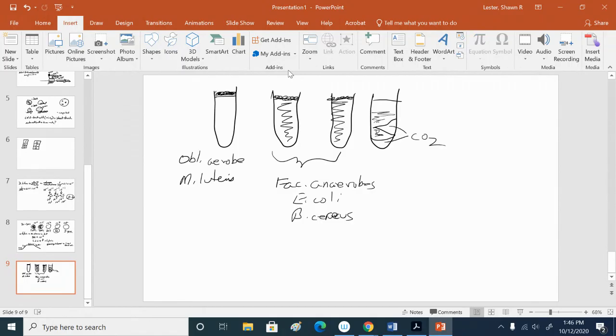That was an obligate anaerobe. Yep, obligate anaerobe. And what was the example? Clostridium sporogenes. Right, so obligate anaerobe.